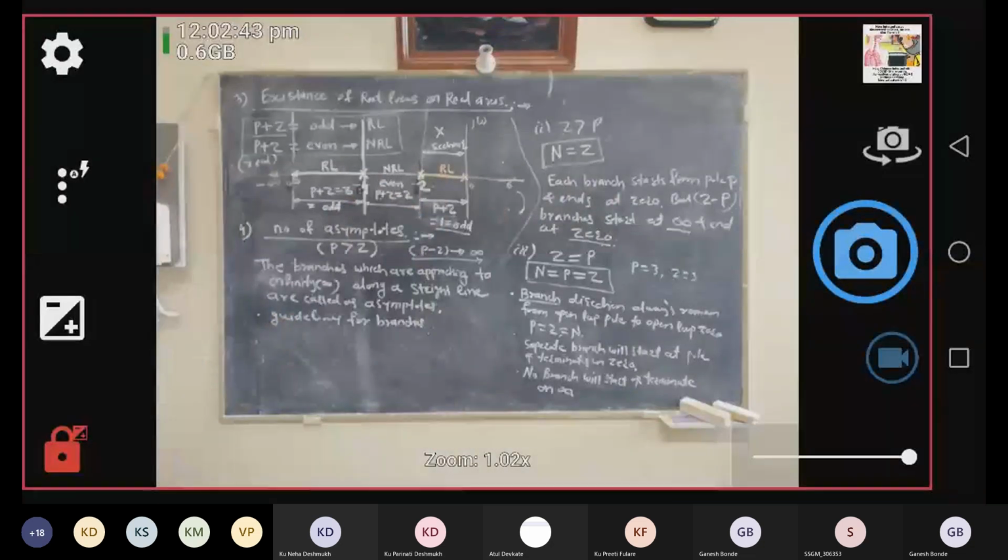Okay, then how to determine the angle of asymptotes? We have the empirical formula.